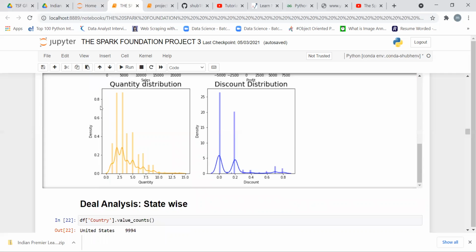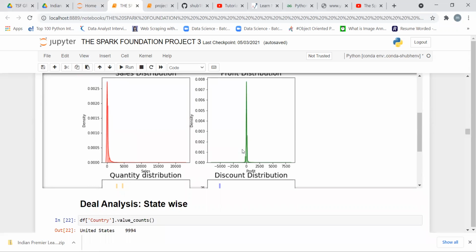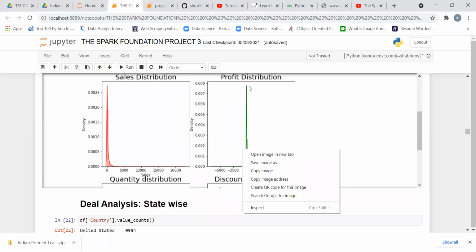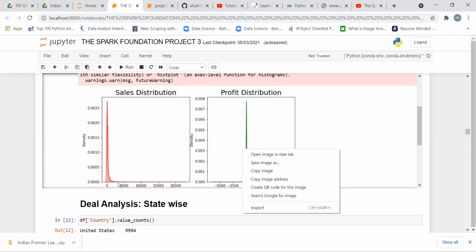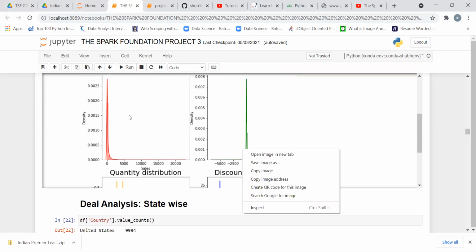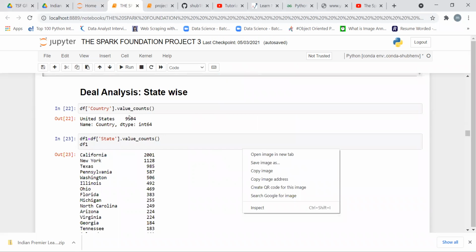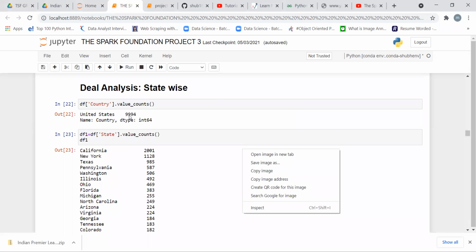The probability and density of quantity is higher, 0.8, and the discount is highest around 0.0 and 0.2 as shown in previous data, and profit is less than 5,000.